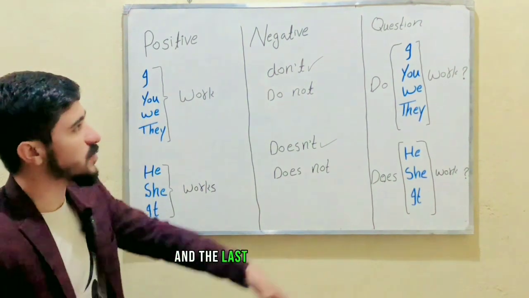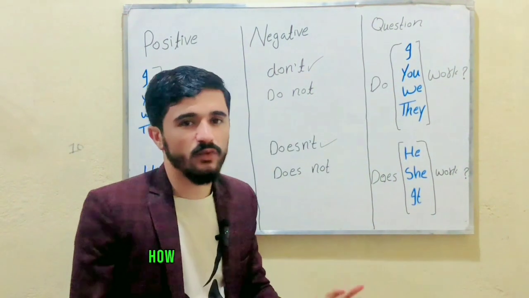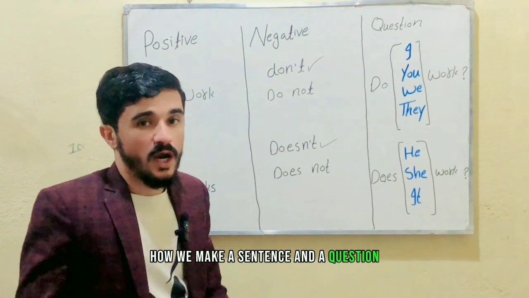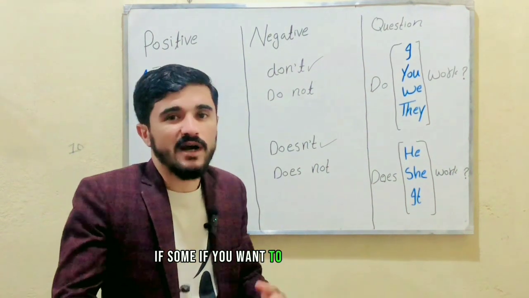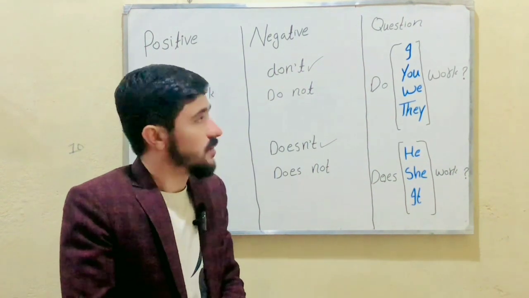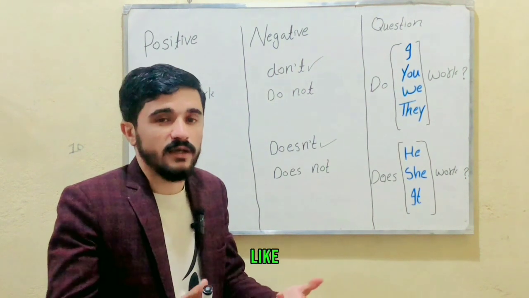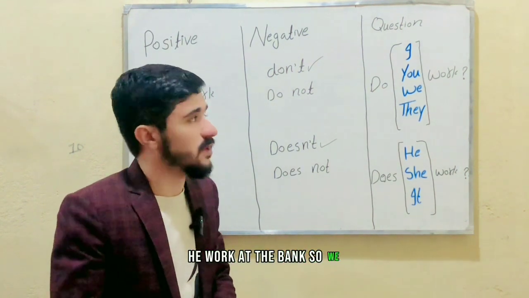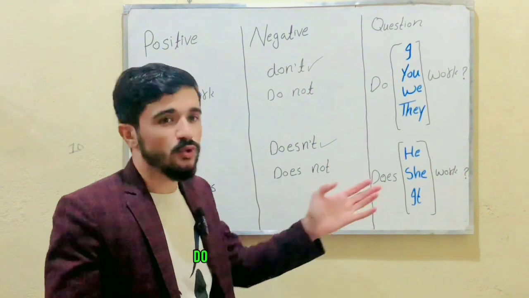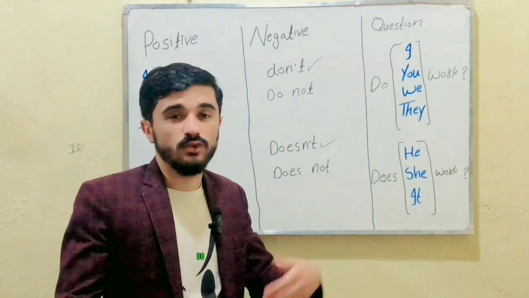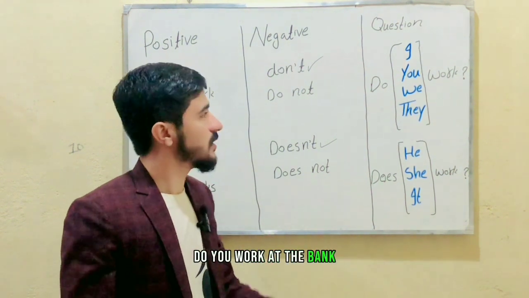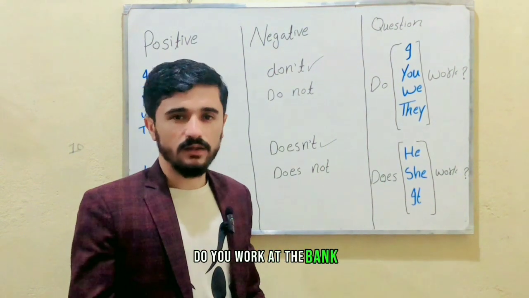And the last one is questions. How do we make a question? If you want to ask someone, like he works at the bank, we can ask him, do you work at the bank? Do we work at the bank?